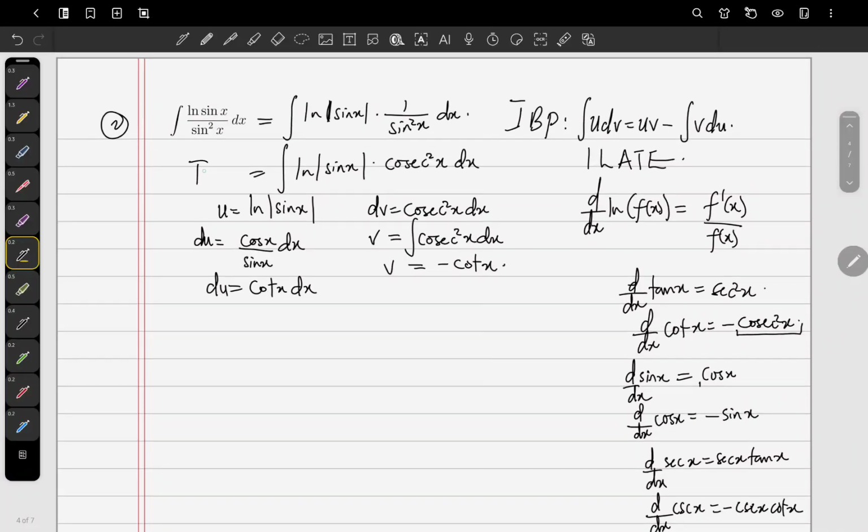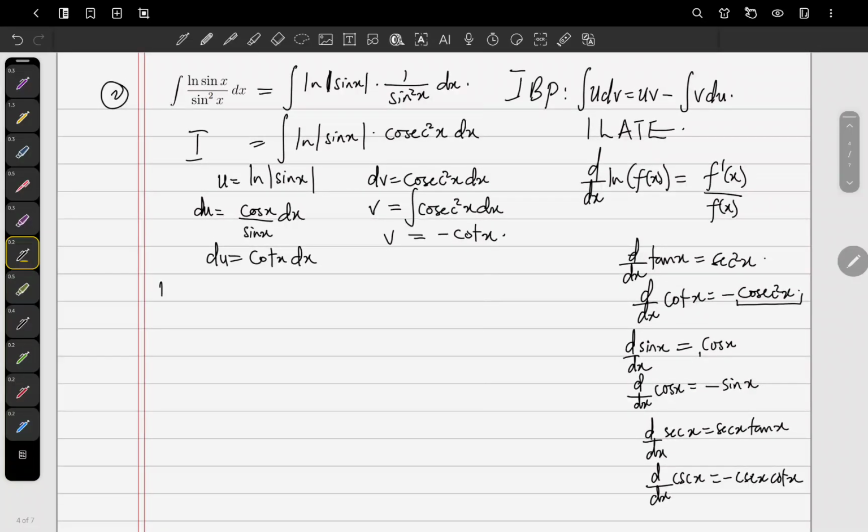So I is our integral. Using IBP, the integration by parts formula, I will be uv. In this case, u is natural log of sine x, times negative cot x, then minus the integral of v, which is negative cot x, times du.